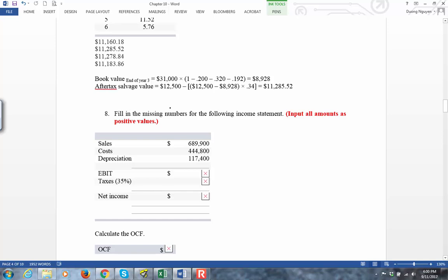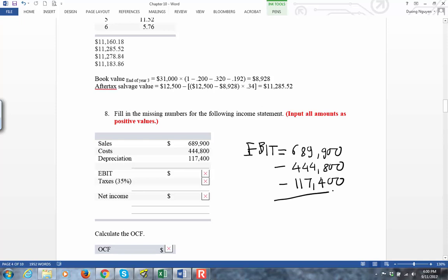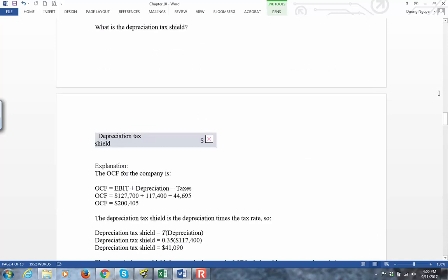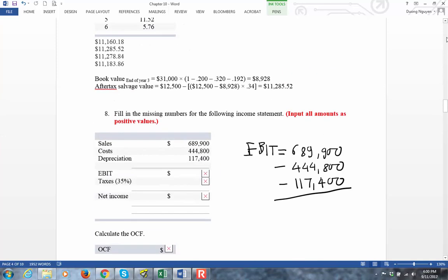EBIT would be equal to sales, which is 689,900, minus cost of goods sold, which is 444,800, and minus depreciation, which is 117,400. And that would give you the EBIT, which is the answer right here, 127,700.